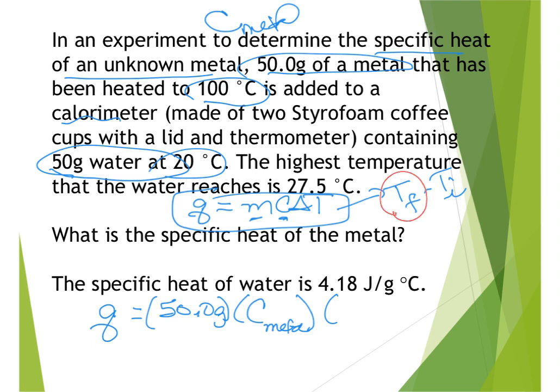So the higher temperature substance, in this case the metal, is going to transfer heat to the lower temperature substance, the water, until they're both at the same temperature. The problem did tell us the final temperature of the water, and that is the same for both substances. So it's the metal final temperature minus the initial temperature of the metal, and obviously your delta T is going to be negative here.